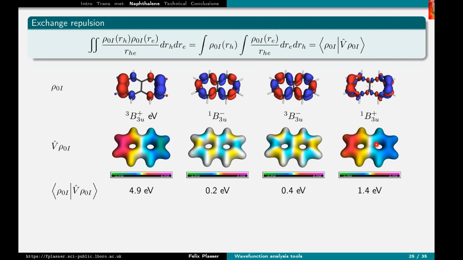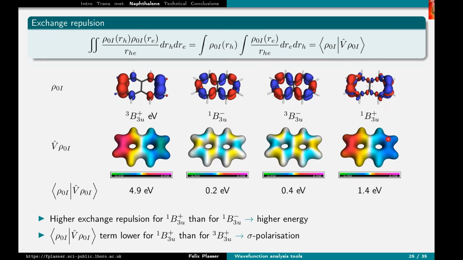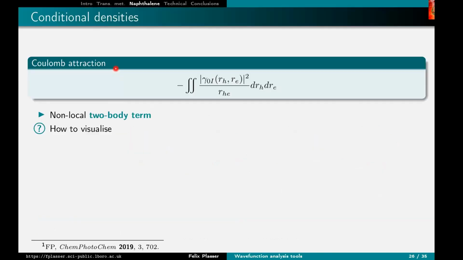The plus state has a lot of electrostatic potential. And that's why this term is going to be bigger for the plus state. And if you look into more detail, you can see that the singlet uses these little blobs to reduce the exchange repulsion compared to the triplet, if you want to go into more detail here.